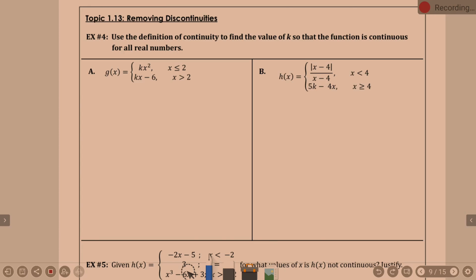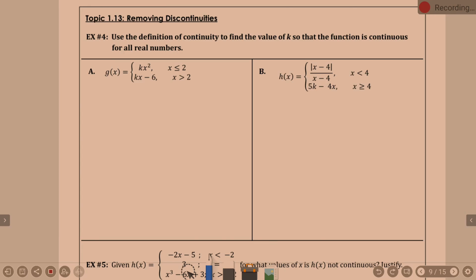Okay. Use the definition of continuity to find the value of k so that the function is continuous for all real numbers. Piecewise functions here. So g of x is defined with this piecewise function. We want to make sure this is continuous.